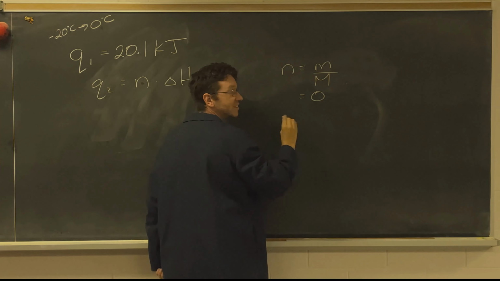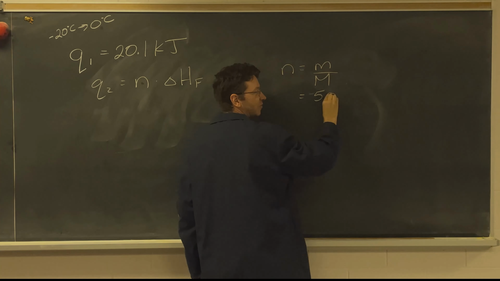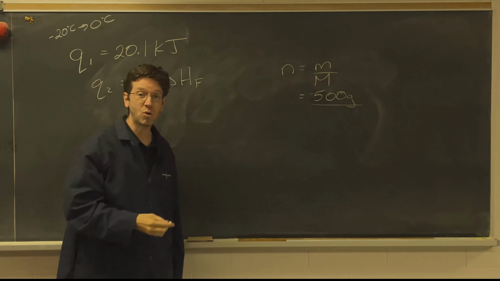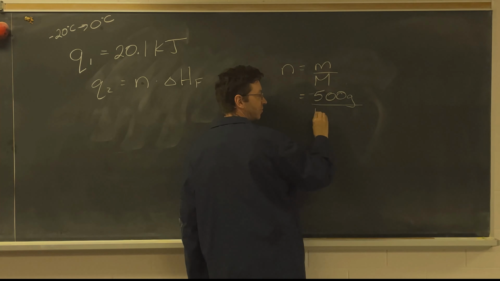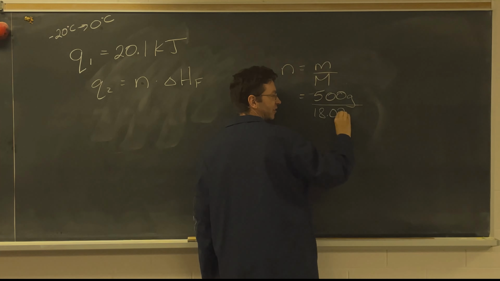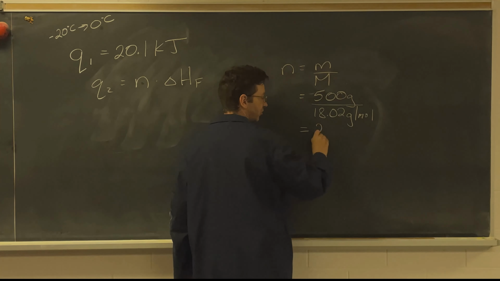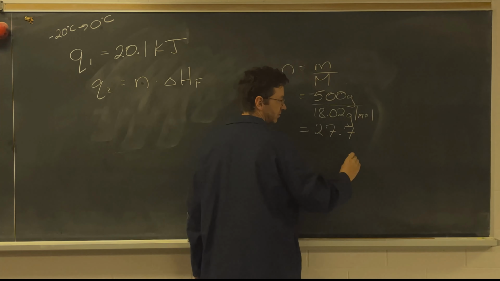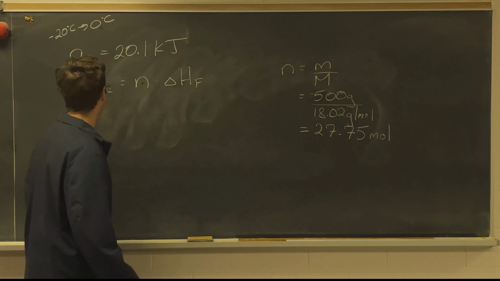So we have 0.5 kilograms, but let's change that into grams again. So 500 grams. And then the molar mass of water, H2O. So use your periodic table. You can add that up to 18.02 grams per mole. And we get 27.75 moles. So that's how many moles we have.